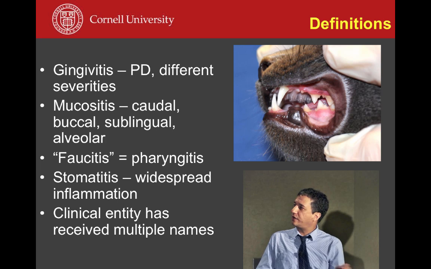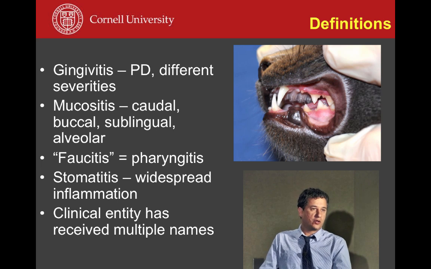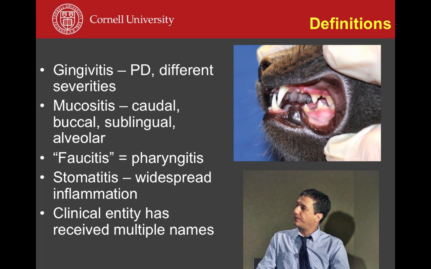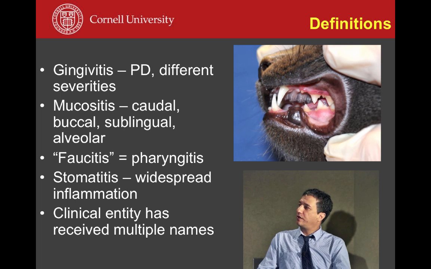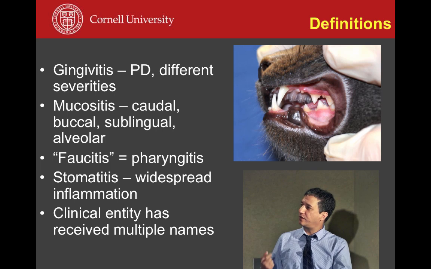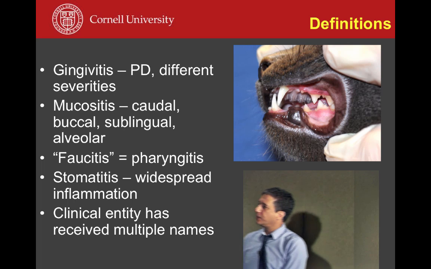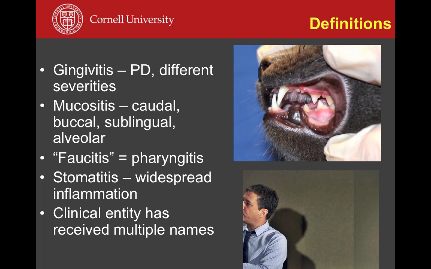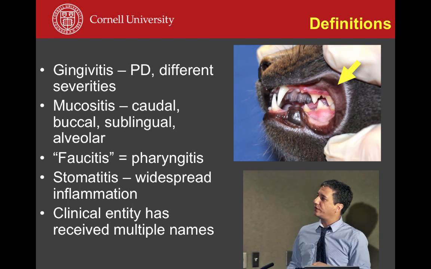Mucositis, on the other hand, is when the oral mucosa or an area of the oral mucosa different from the gingiva is affected or inflamed. Many people like to add a word to address the area that is inflamed. So you can have mucositis in the caudal area of the mouth, in the buccal mucosa, sublingual mucosa, alveolar mucosa, etc. When I say buccal mucosa, I mean the mucosa on the inside part of the cheek.